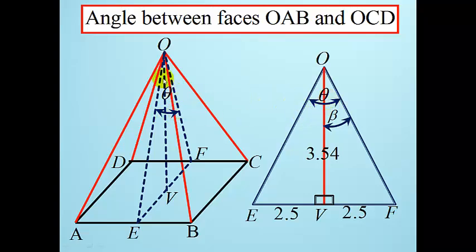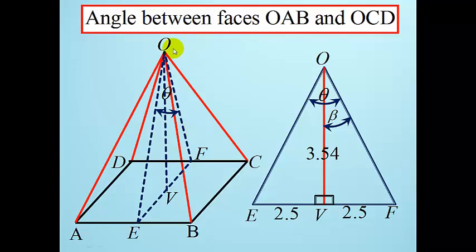Now, let's consider the triangle OEF. That is the triangle we have here. Don't forget that because the distance from B to C is 5, it means that the distance from E to F is also 5.